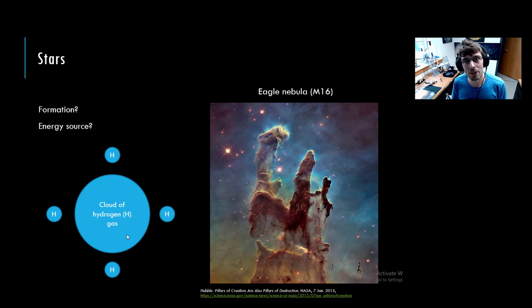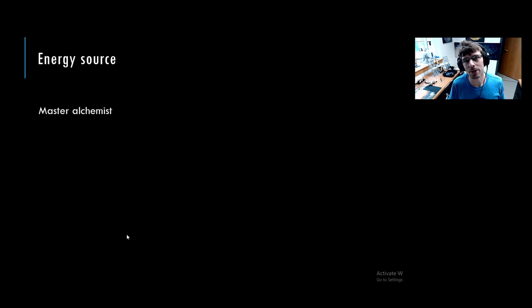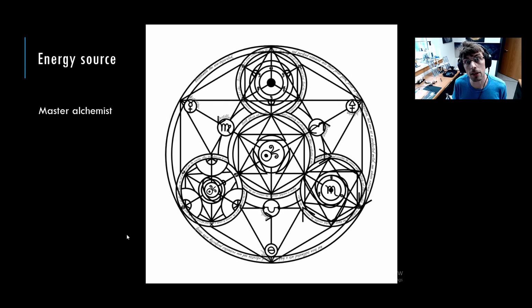Okay? So that's almost enough to get us to the right spot. There's another thing that we have to insert here in order to really get us a full-fledged star. Okay? You ready for it? So I like to refer to stars as being master alchemists. Now, if you're familiar with the term, alchemy was the precursor to chemistry.